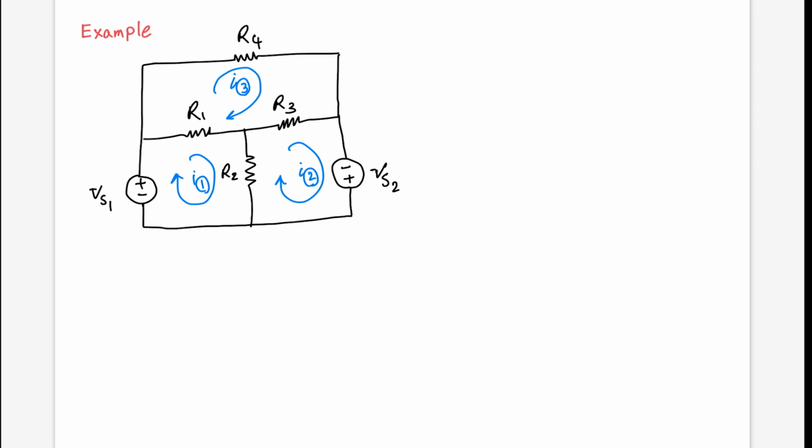After that, we are going to write KVL for each mesh. KVL at mesh 1 is minus VS1 plus VR1 plus VR2 equal to 0. What is VR1?